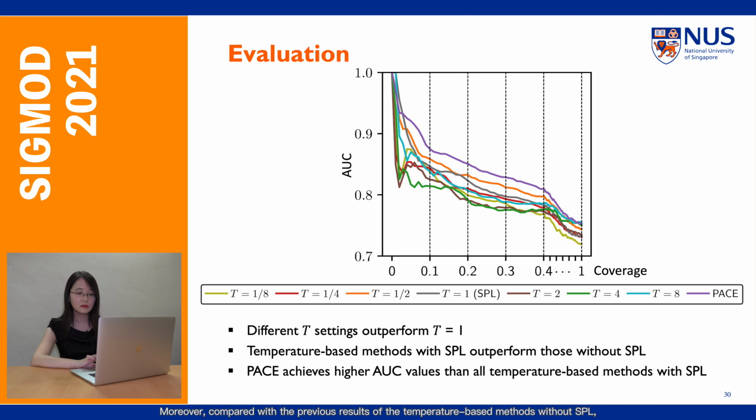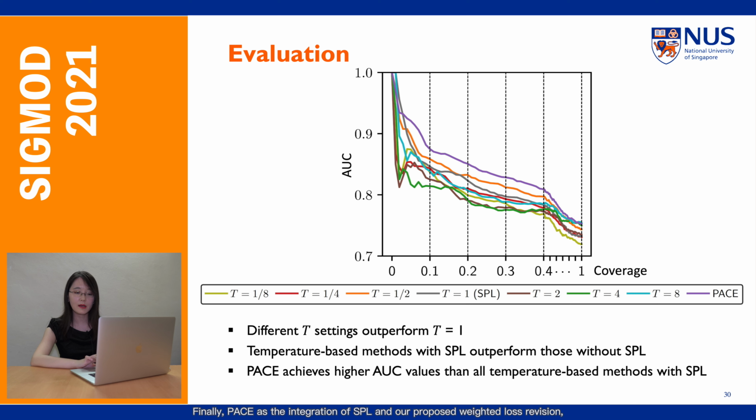Moreover, compared with the previous results of the temperature-based methods without SPL, the corresponding methods with SPL-based training generally exhibit boosted performance. This confirms the effectiveness of our proposed macro-level SPL-based training.